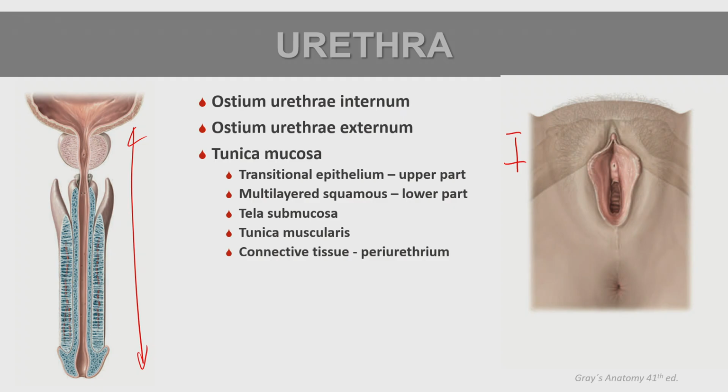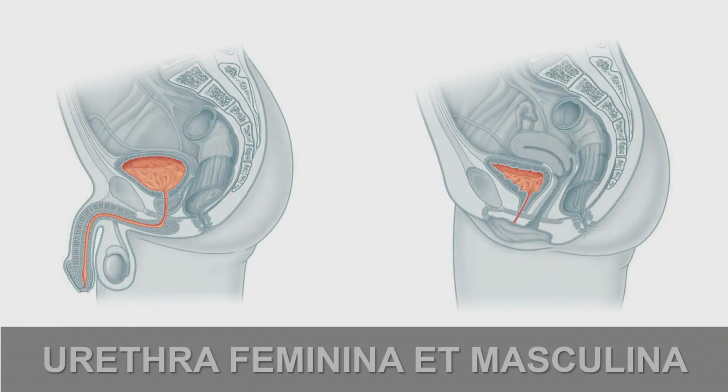And around is the periurethrium. In male, the urethra passes through the prostate, then the pelvic floor, and then through the penis. In female, it is a little bit different, because there is no prostate and no penile part, so we have only a short part where the urethra passes through the pelvic floor.